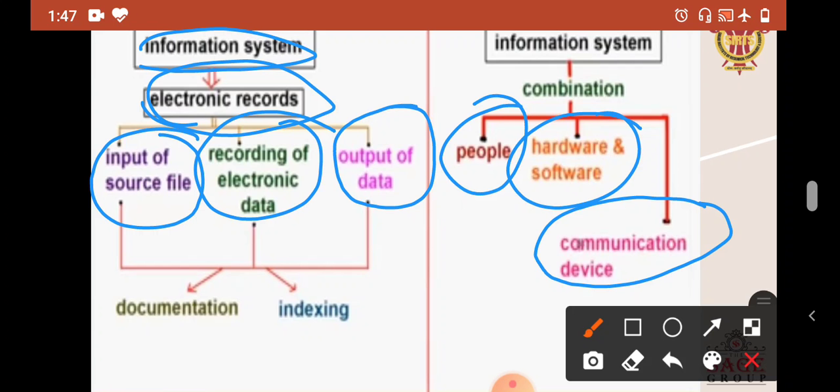That is, information system can be defined as an interactive combination of people, computer hardware, software, communication device, and the procedure designed to provide a continuous flow of information to the people who need information to make, discuss or perform analysis.